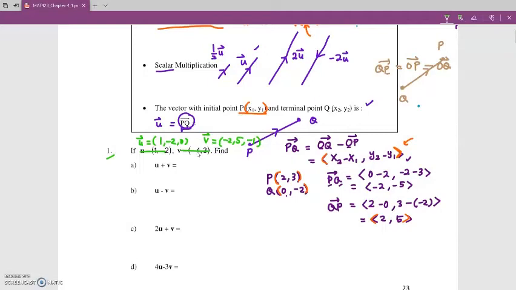Let's say U plus V: the x component is 1 plus negative 2, and then the y component, and then 0 plus negative 1. So your answer would be (-1, 3, -1).